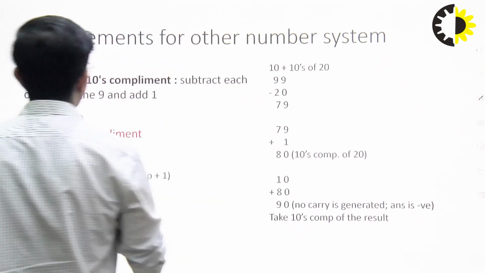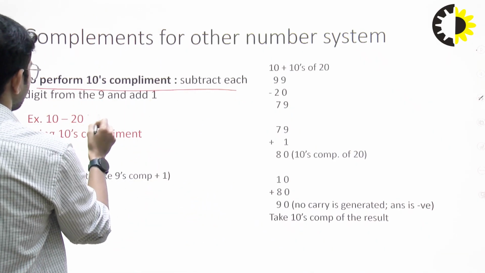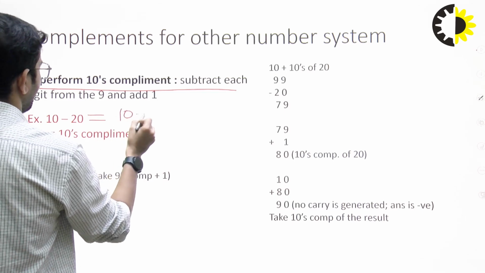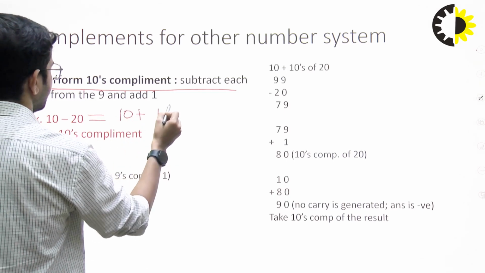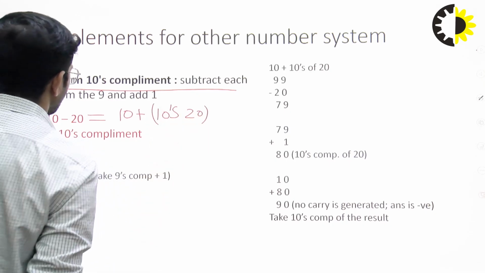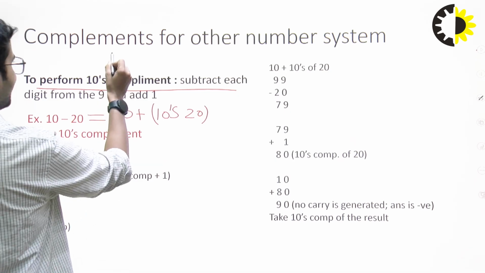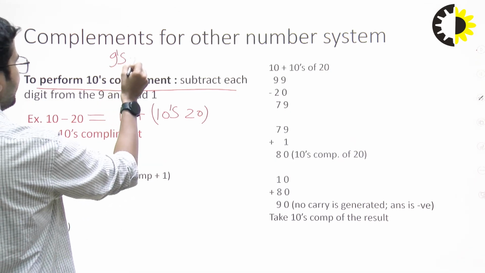Similarly, if we want to perform 10 minus 20, we can write it as 10 plus the 10's complement of 20. To perform the 10's complement, first we perform the 9's complement and add 1 to it.